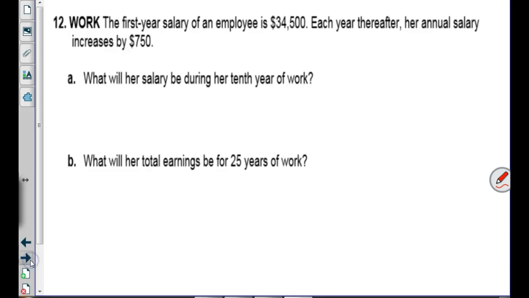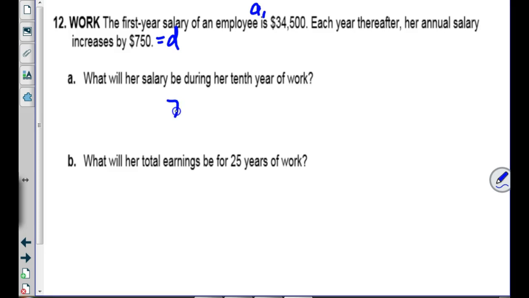All right. Number 12, first year of an employee's salary. So this is term 1. Each year thereafter, her salary increases by $750. So there's our d. What will she make during her 10th year of work? So that would be the 10th term, right? Yeah, we're good.